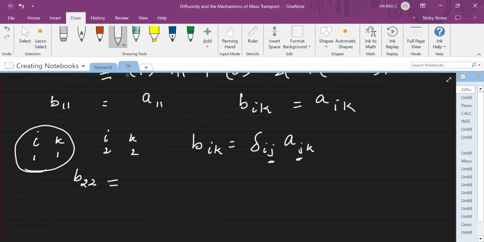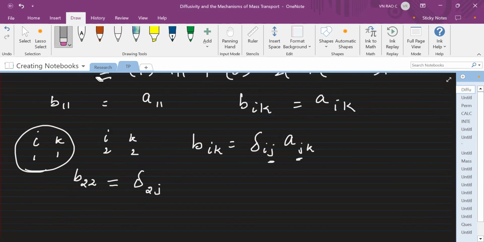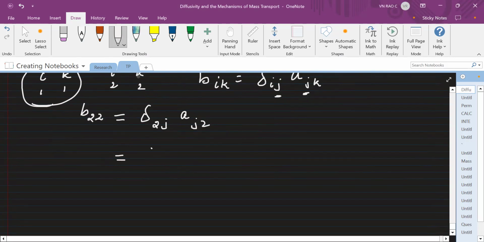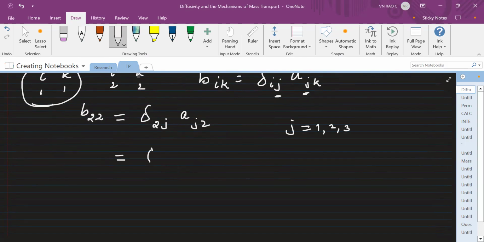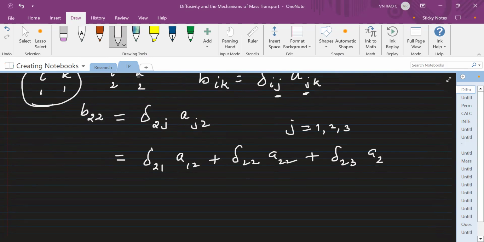So that is now delta 2j aj2. Now j takes 1, 2, 3: delta 21 a12 plus delta 22 a22 plus delta 23 a32.